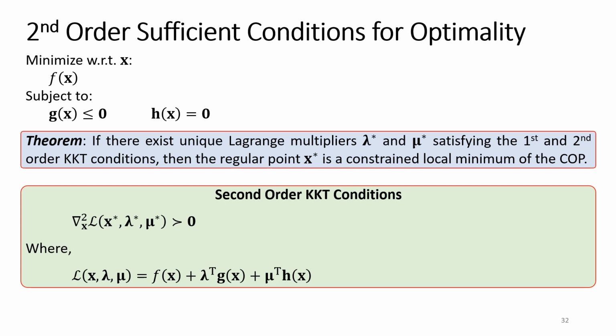Simply this: the Hessian of the Lagrangian, del squared L at x star, lambda star, mu star, must be positive definite. That is the second order KKT condition, and it's a sufficient condition for optimality. And we know the expression for the Lagrangian L of x, lambda, mu is f of x plus lambda transpose g of x plus mu transpose h of x. g of x and h of x are associated with the constraints.